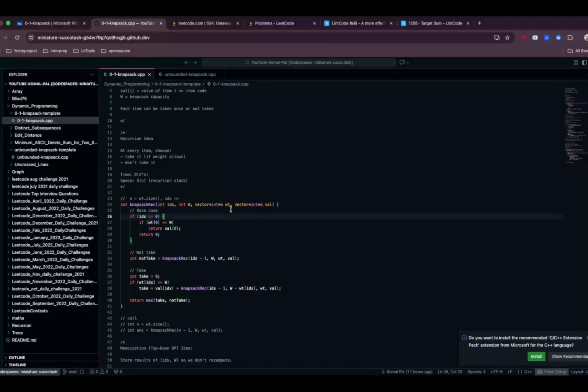These three things are the inputs: the value of that item, the weight of that item, the maximum capacity of the container, and the index for checking which index we are at. These two arrays will be of the same size because they are mapped: this is the weight and this is its id, then this is the weight, then this is its id, like that.